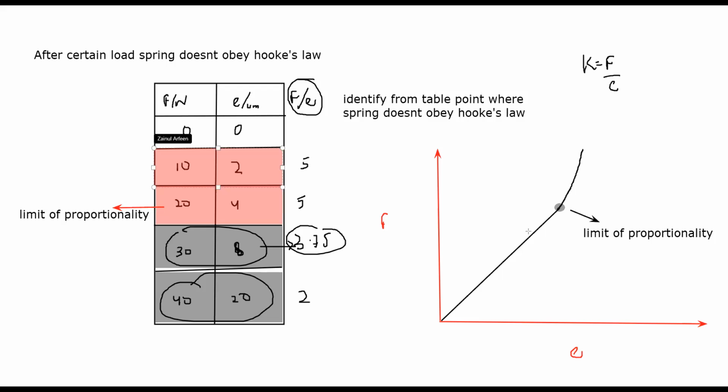Then there's another point which we define for Hooke's law. We call that the elastic limit. So after the limit of proportionality, anywhere after it, you can mark another point, and we call this point the elastic limit.